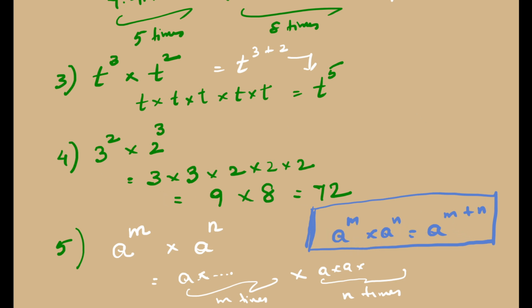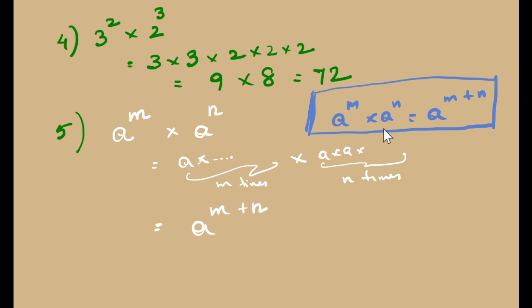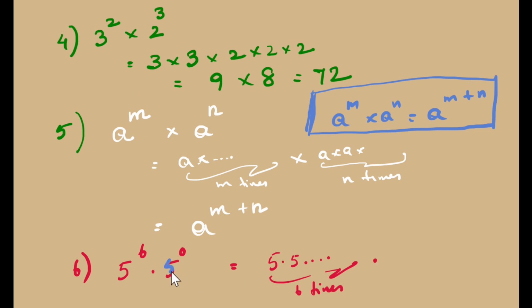And let's quickly see one more example. The sixth example: 5 raised to the power 6 into 5 raised to the power 0. 5 would be multiplied 6 times, and the second one is 5 raised to the power 0, so 5 would not be multiplied at all, no times.